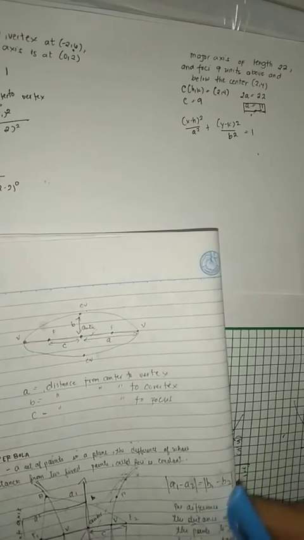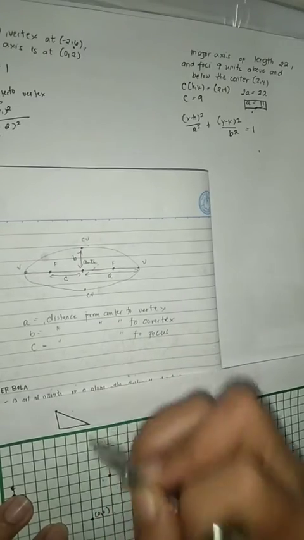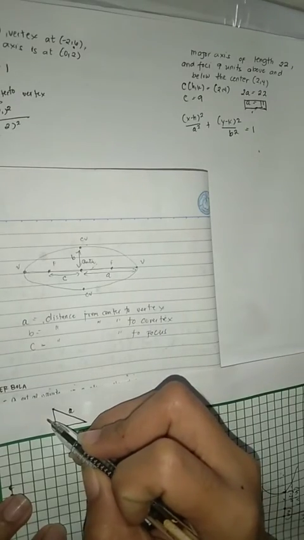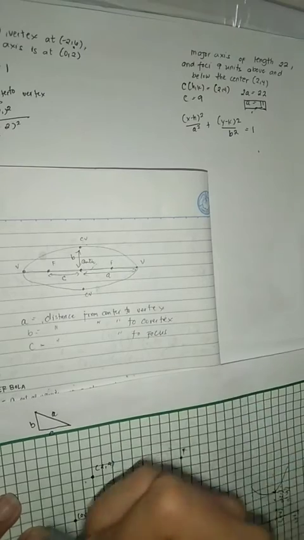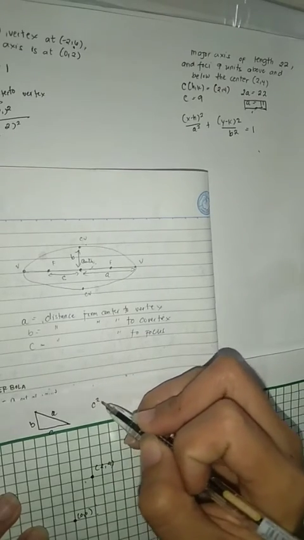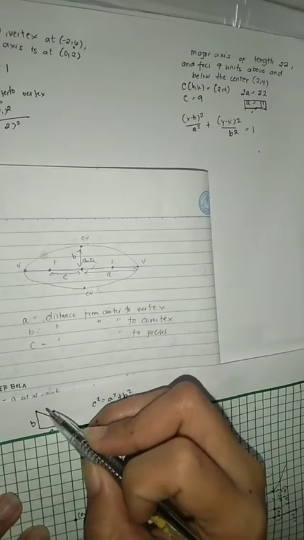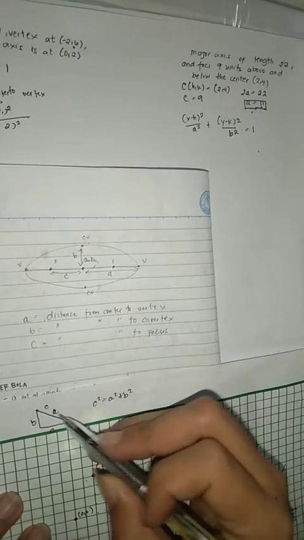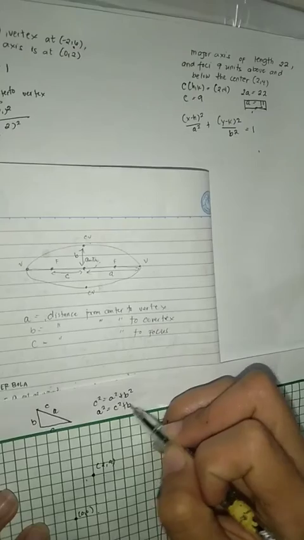Using the Pythagorean theorem, if A is the longest side, let's say this is B and this is C, that means in the Pythagorean theorem C squared is equal to A squared plus B squared when C is the hypotenuse, but in here the hypotenuse is A, so A squared is equal to C squared plus B squared.